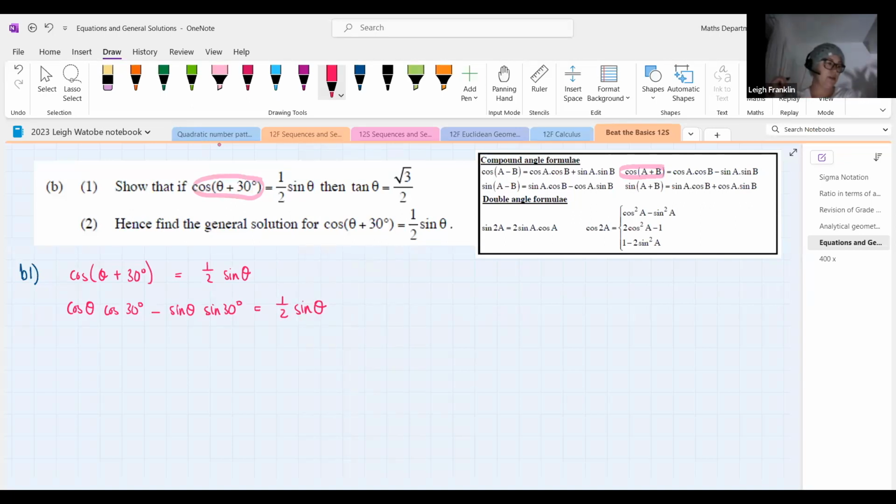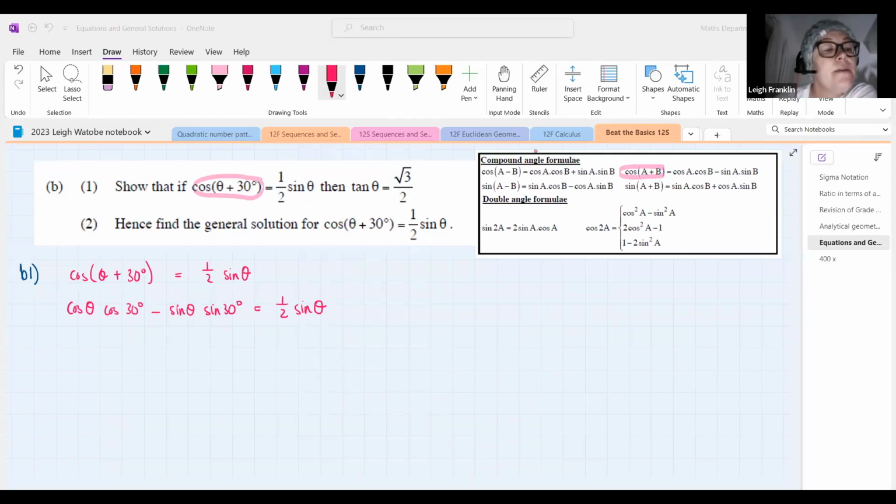Now, what do you think you should do, Matrix? What do you think you should do now? There we go, and Koniza, good job. You know that sine 30 is 1/2. You know that cos 30 is √3/2. Beautiful. So go and sub in.